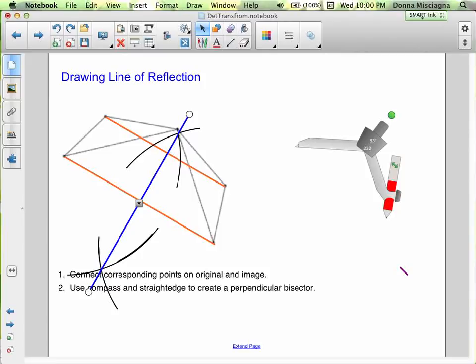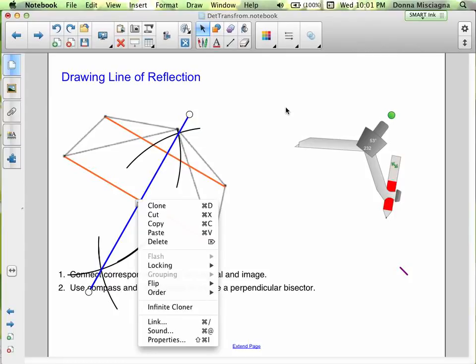Something seems wrong because I missed that point there. Did I not put that in the right spot? I'm going to do that one more time.